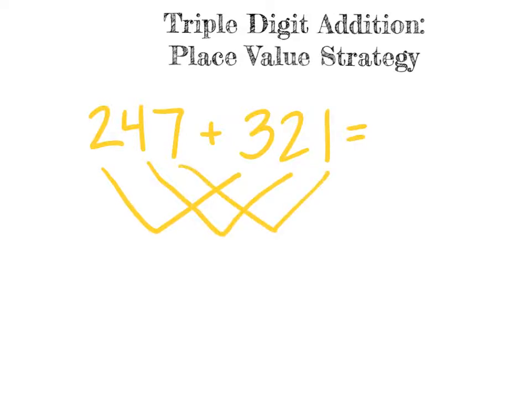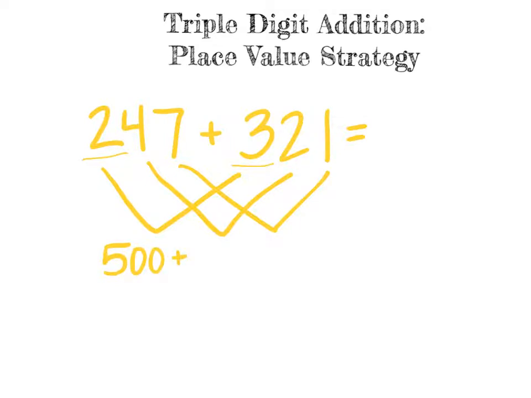Okay, so now that the carets have been drawn, I'm going to start with the hundreds. So we are going to start with 200 plus 300. And I know that 200 plus 300 equals 500. So I'm going to write the number 500 down here.